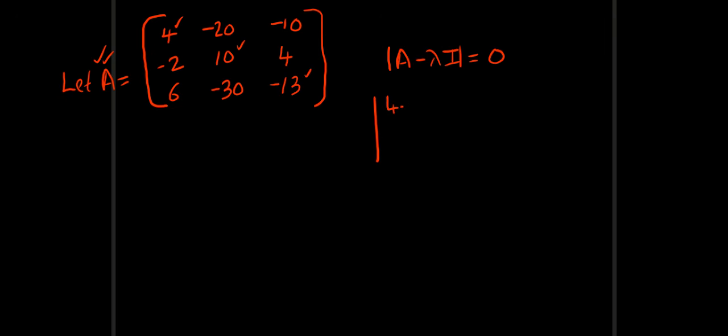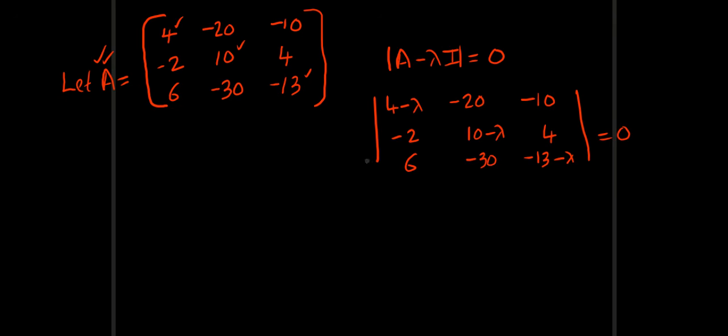So that will be 4 minus lambda, minus 20, minus 10, and then minus 2, 10 minus lambda, and then 4, then 6, minus 30, and minus 13 minus lambda is equal to 0. And you can start expanding the determinant like we did in the last video. But I told you in the last video that I'll teach you a shortcut today. So let's go for it.